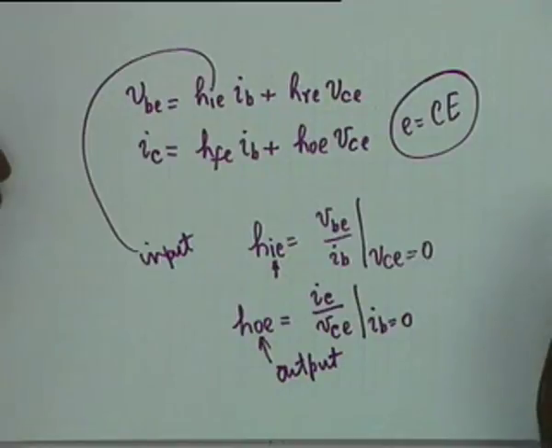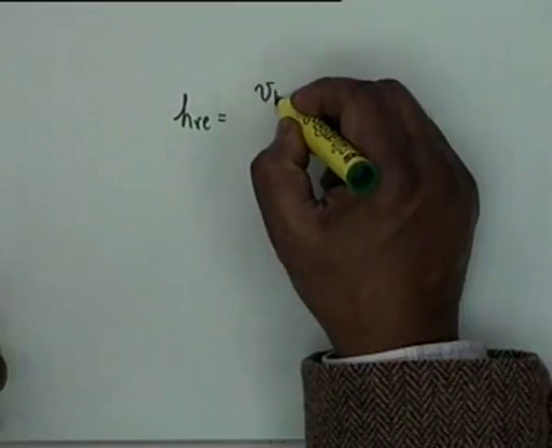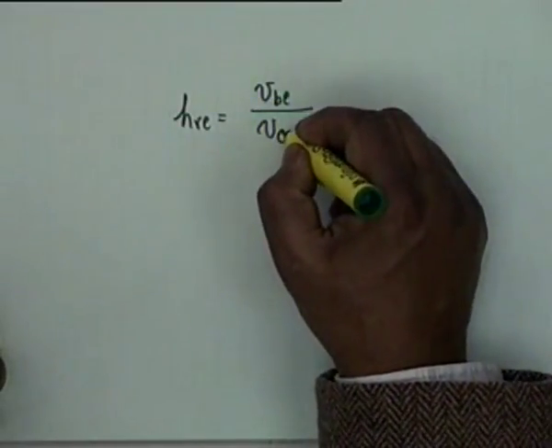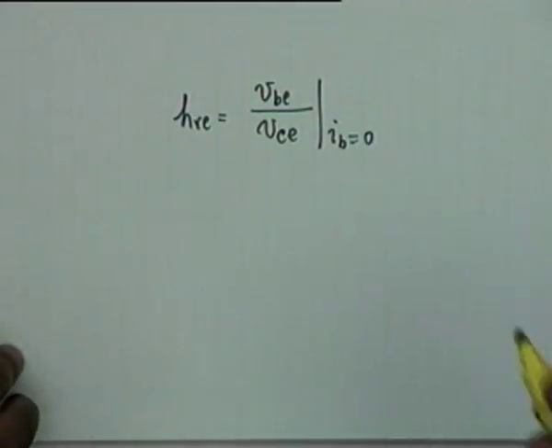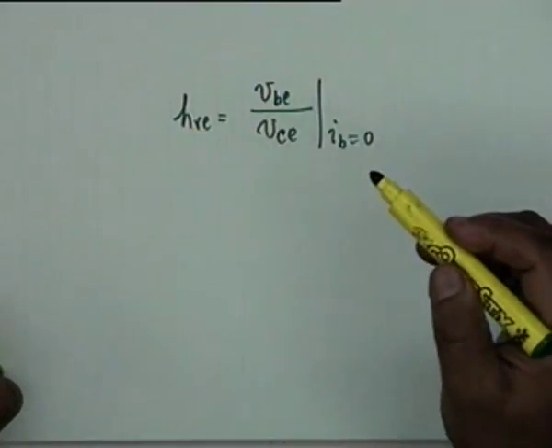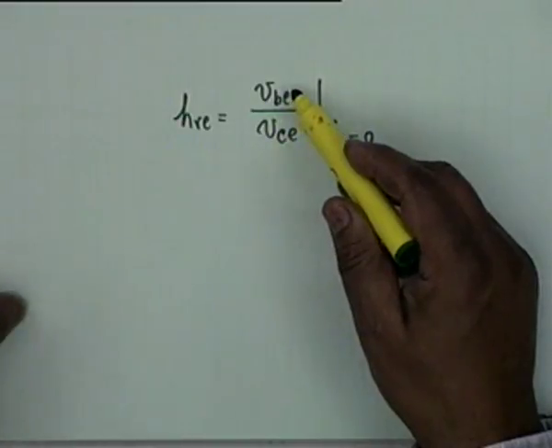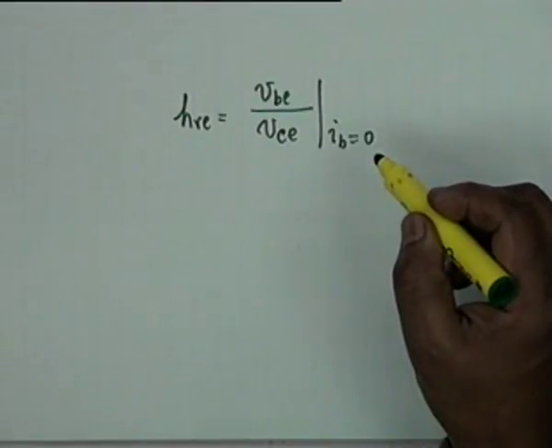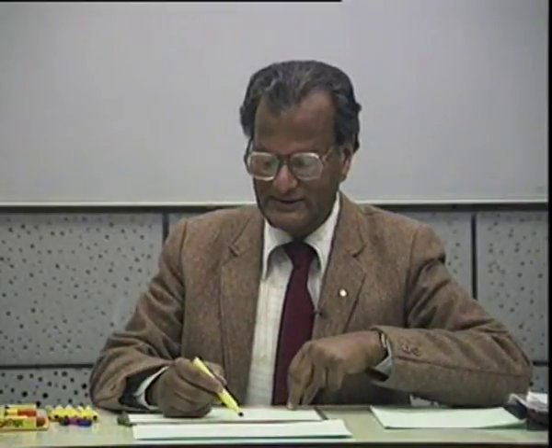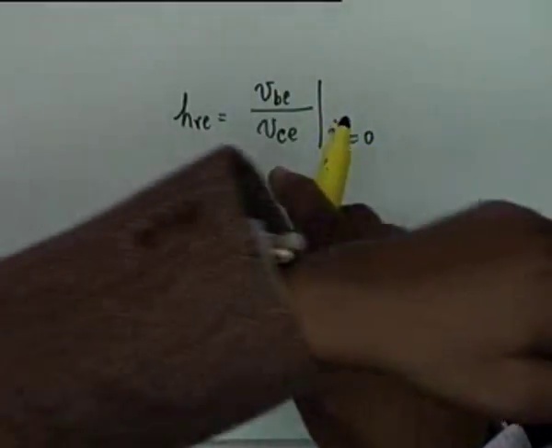On the other hand, the other two parameters, if you look at HRE, it is equal to VBE divided by VCE under the condition IB equal to 0, which means that if you apply voltage across the collector emitter terminals and measure the voltage across the base emitter by making IB equal to 0, that is by making base open circuited, no current enters into the base, then this is the ratio HRE, and you see the transistor normally operates from base to collector.